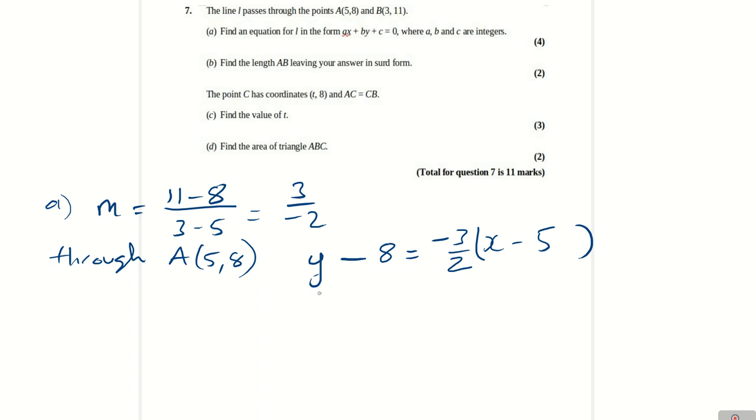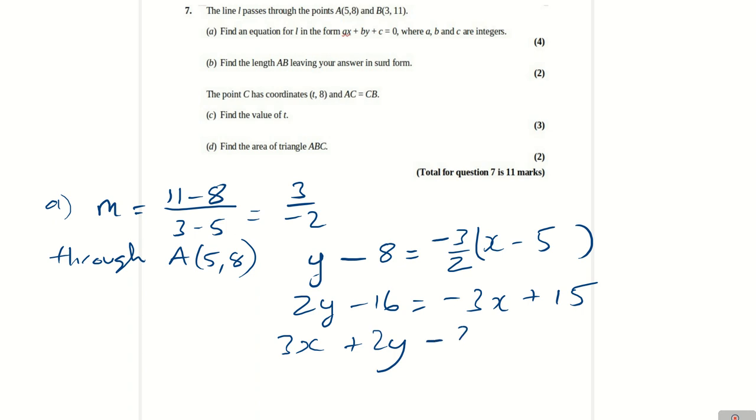And if we multiply both sides by 2, we get 2y minus 16 equals minus 3x plus 15. And that leaves us with the final answer 3x plus 2y minus 31 equals 0. And there we've got it in the form that they want.